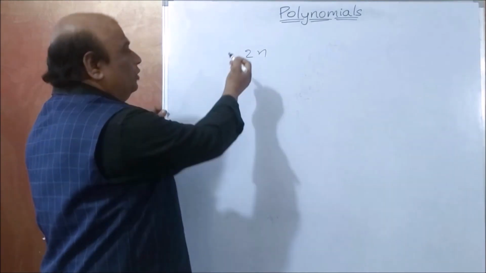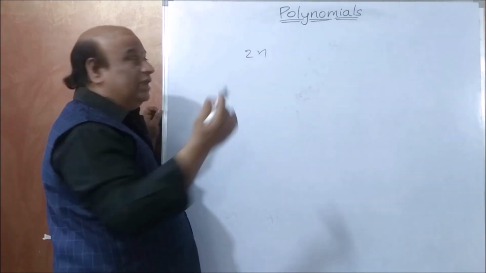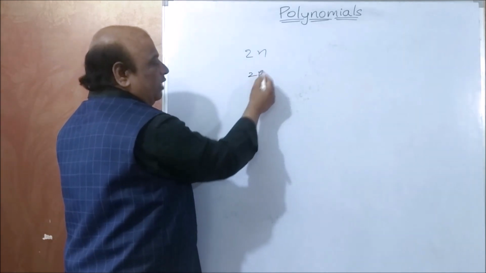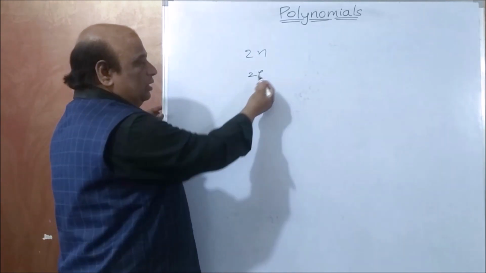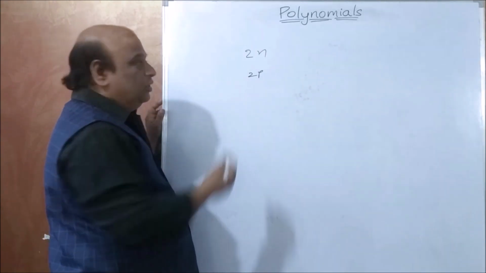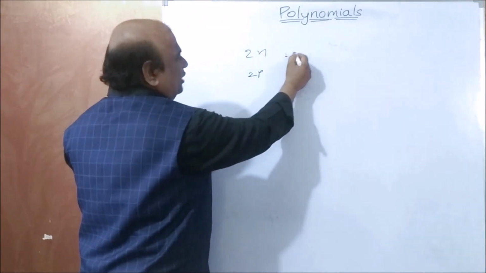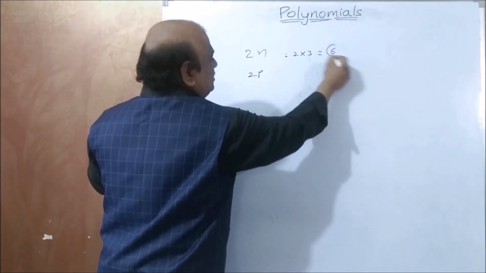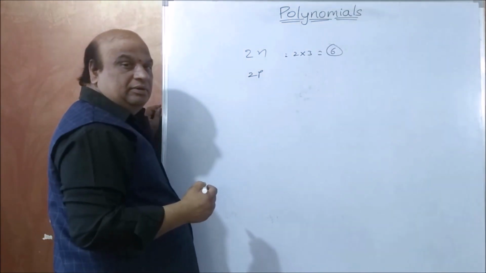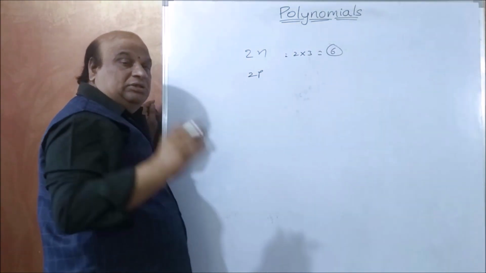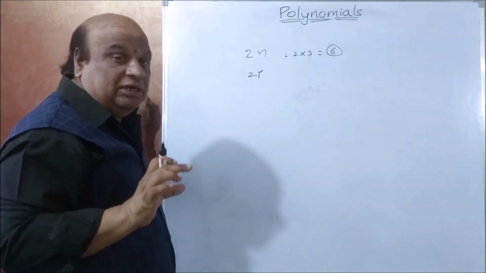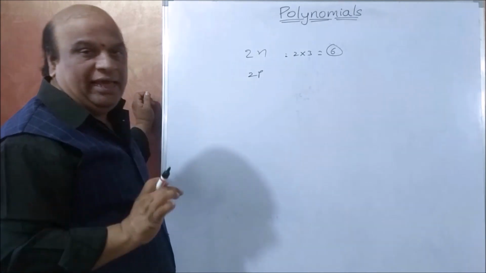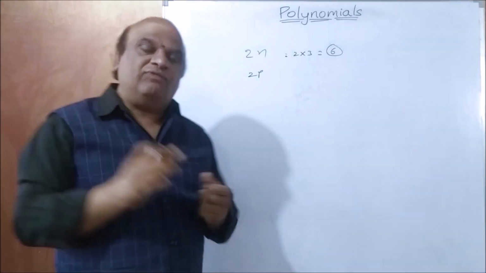So 2 into n, the something is called the letter n or p. We are taking English alphabets here. 2 into n: suppose you take 3, you get 6, and 6 is an even number. So the general form of an even number is 2n or 2p or 2k, like that. We are using English alphabets.